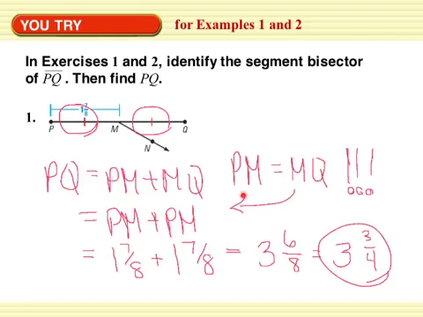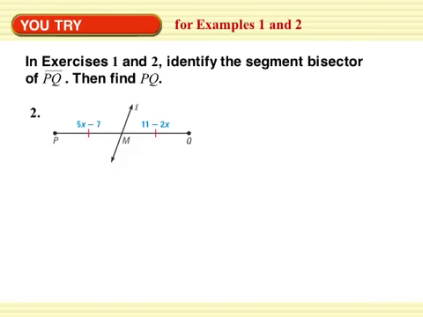So I'm going to substitute out MQ and plug in PM because they're equal. We know that PM is 1 7/8. So 1 7/8 and 1 7/8 is 2, 3 6/8. Reduce this, divide by 2, divide by 2. I get 3 3/4.